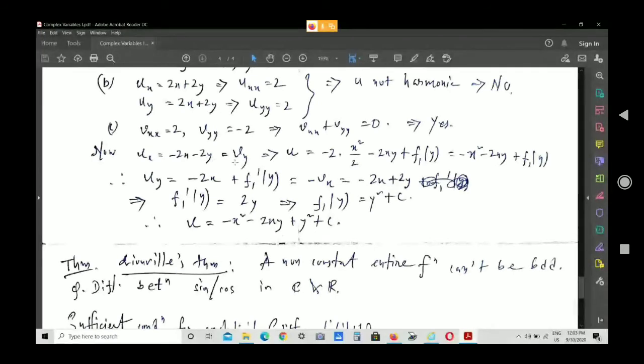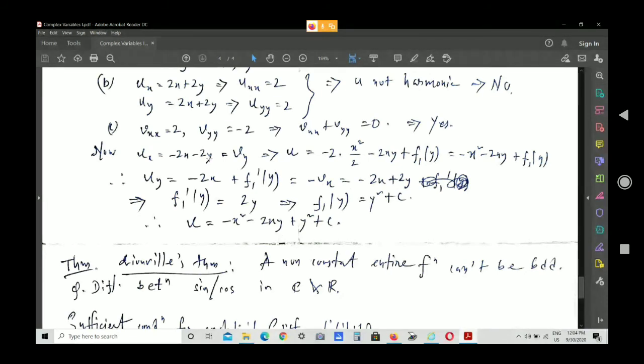Since the function is analytic, u_x should be equal to v_y. Now we integrate this expression with respect to x. We will have simply u on the left hand side, and on the right hand side we have minus 2 into x squared by 2. Here we are integrating with respect to x, treating y as constant.